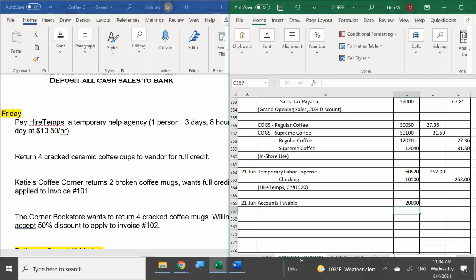No. Let's answer that question first. How am I keeping track of my coffee mugs? Keeping track from the inventory section, right? Yes, what method am I using? Periodic. So if you remember, if I have it as periodic inventory, how did I journalize it? How did I recognize it? Did I recognize it as inventory or as an expense?